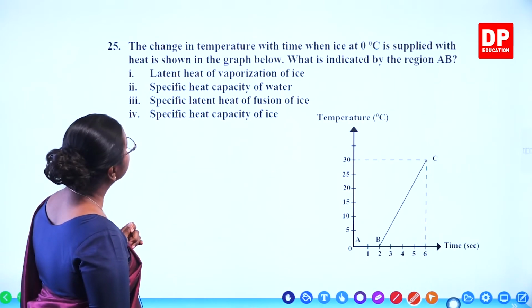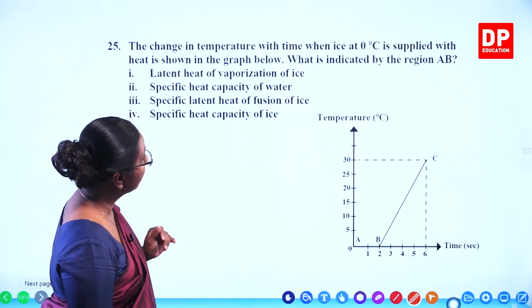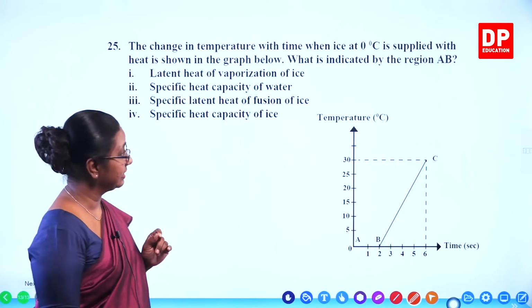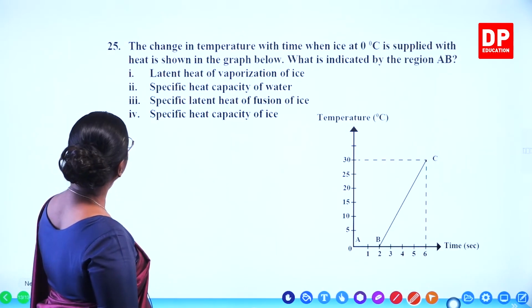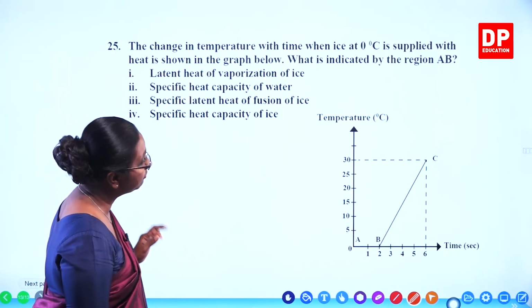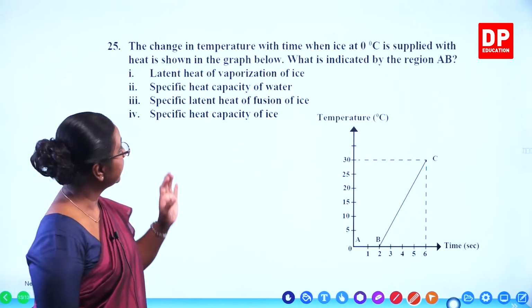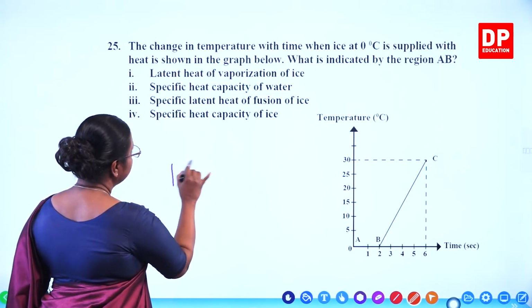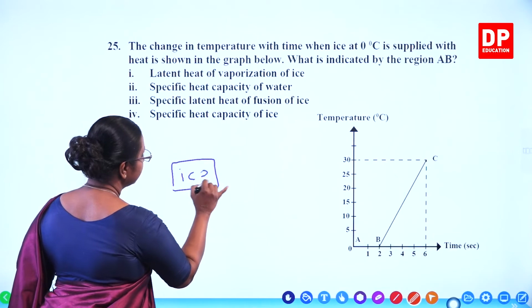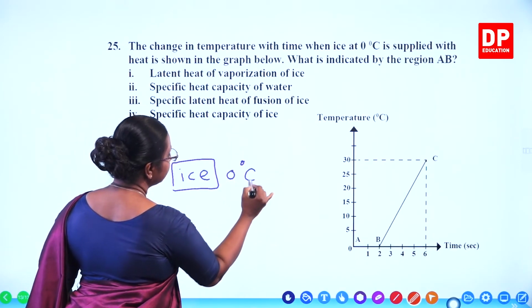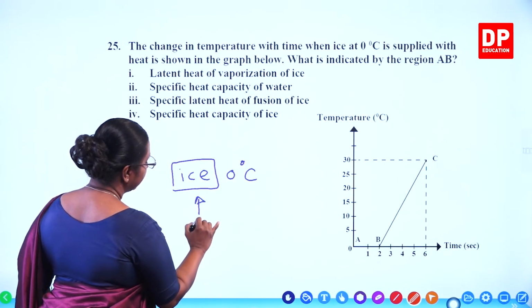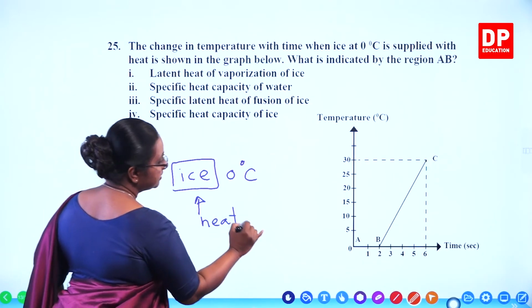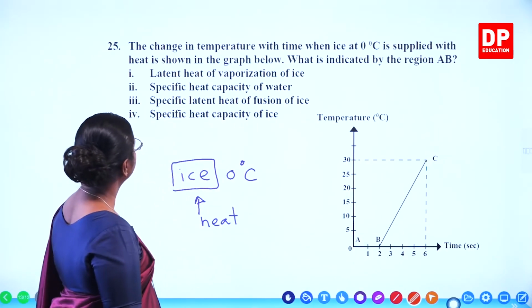The change in temperature with time when ice at 0 degrees Celsius is supplied with heat is shown in the graph below. So there is ice at 0 degrees Celsius and they provide heat. This is how the temperature changes.